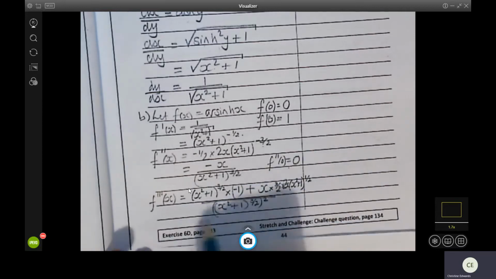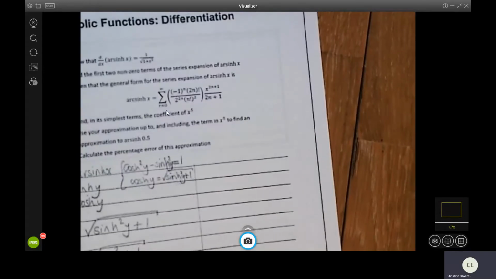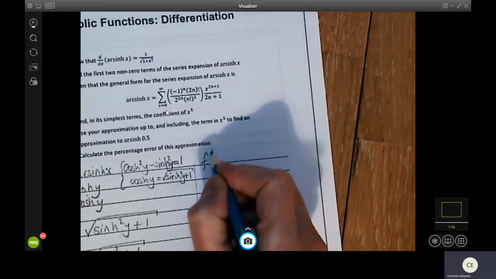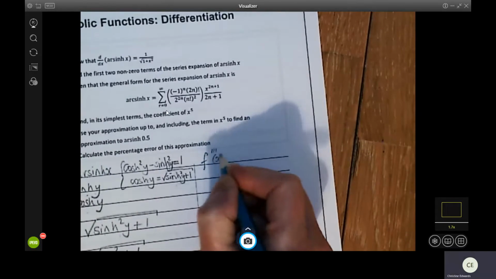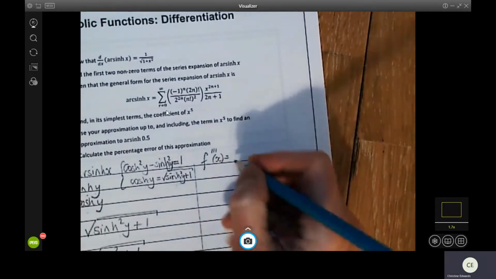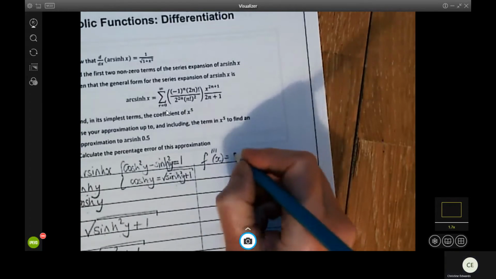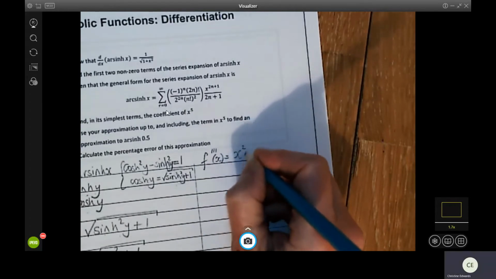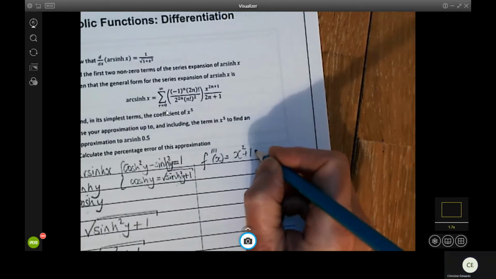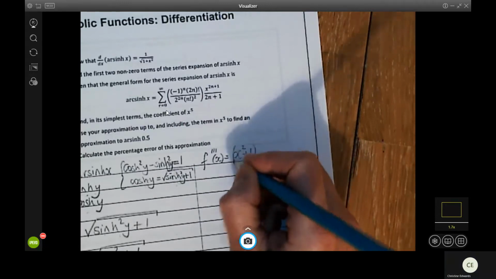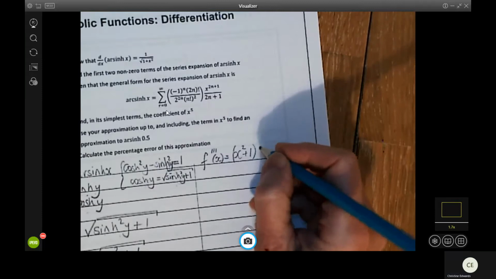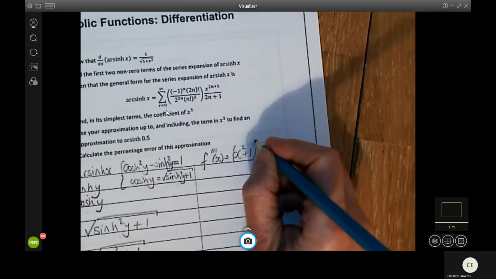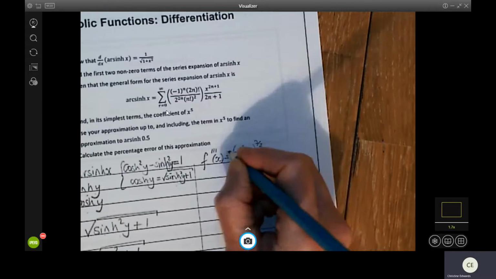So that simplifies to, bring this up over here, f3 x simplifies to x squared plus 1 to 3 over 2, and that's a minus there.